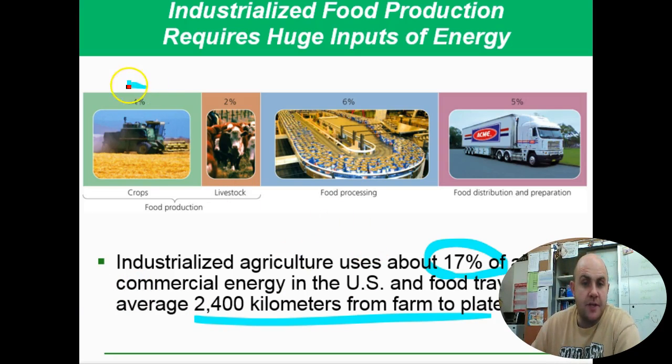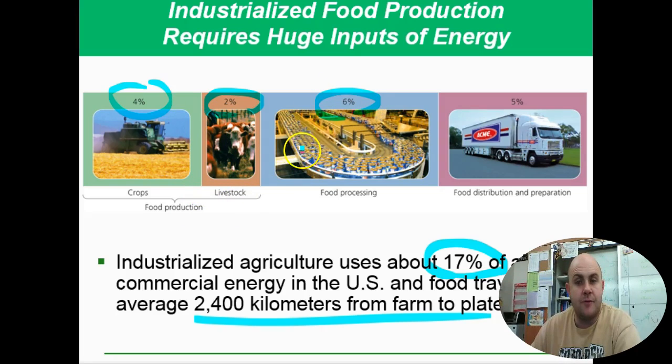And so about 4% of that energy is used within crops and 2% within agriculture just in producing the food, driving things around, moving things around. Another 6% of that energy is used to process that food, and then 5% more is used to get it to us. And so that 17% is a big number, and we need to be aware of how much energy we're using. And so that's the end of this section.